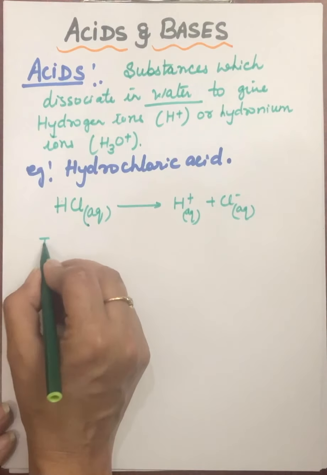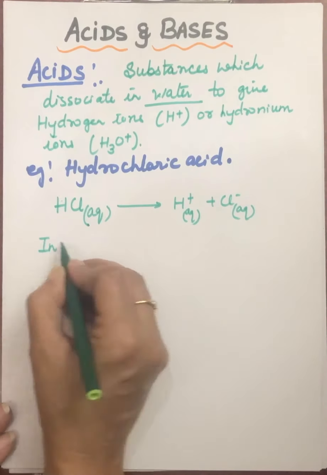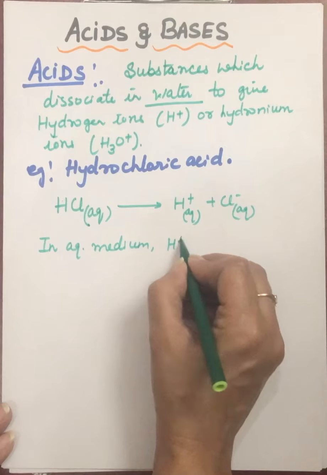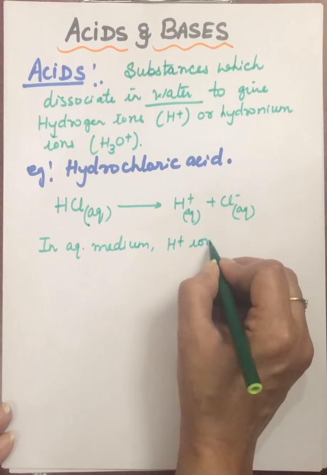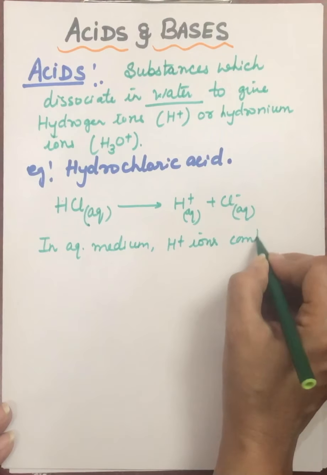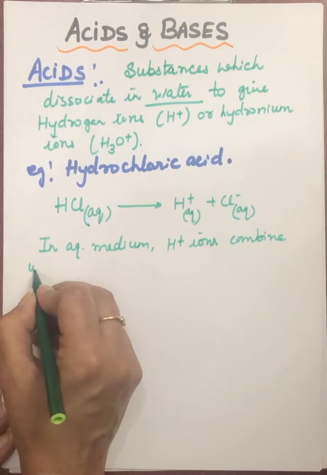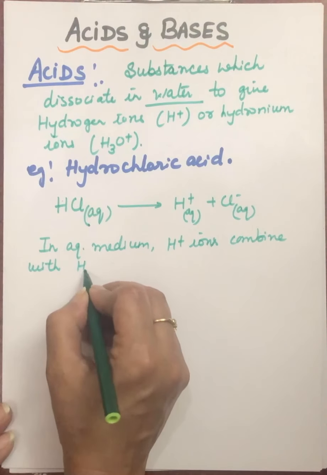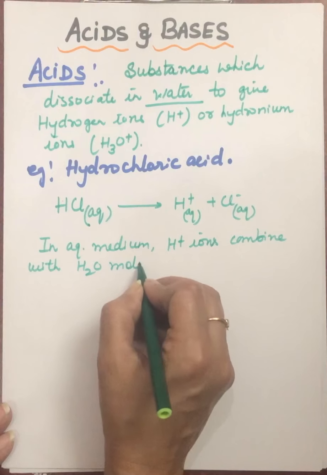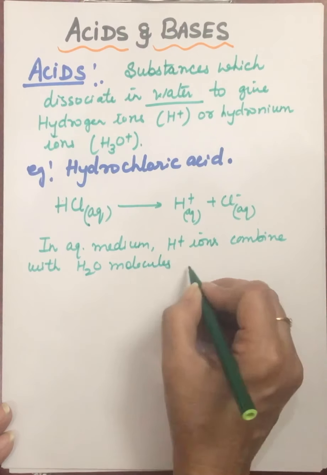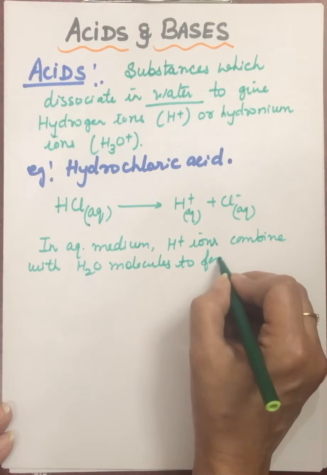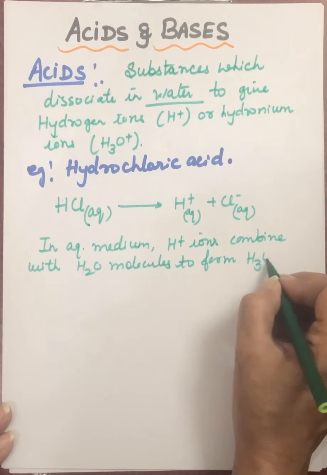So in aqueous medium, the H plus ions which are formed here further combine with water molecules. And if they are combining with water molecules, what will they form? They will form hydronium ions.